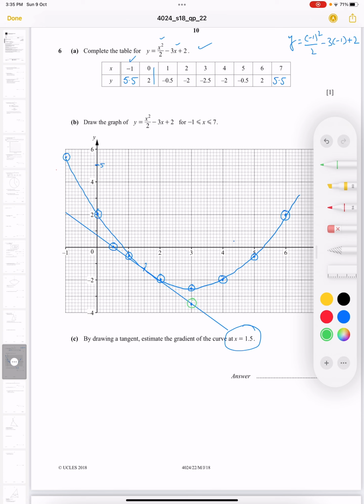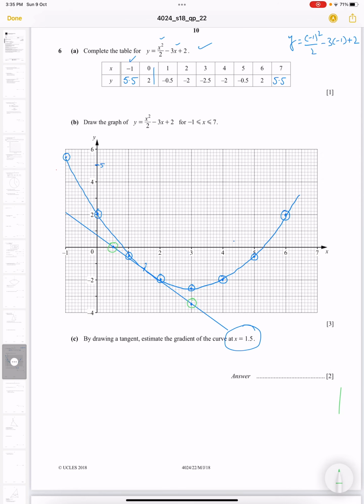This one and this one, right? So the coordinates of this point are 0.5, 0, and this point seems 3 and minus 3.5.